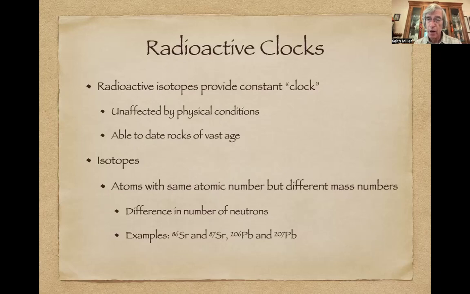So now we have a clock, and clocks that can run for a very, very long time. And so we finally have something that we can use to date rocks, even those of a very vast age.